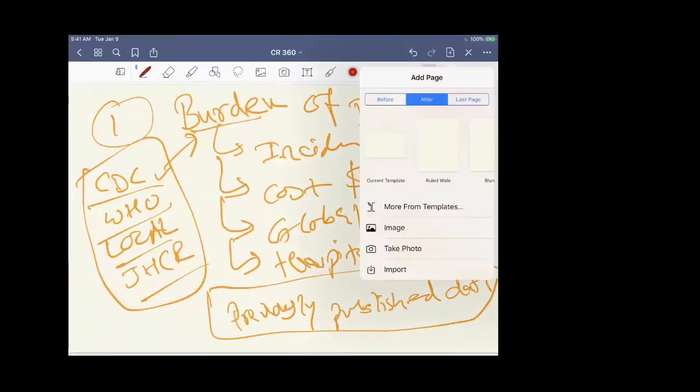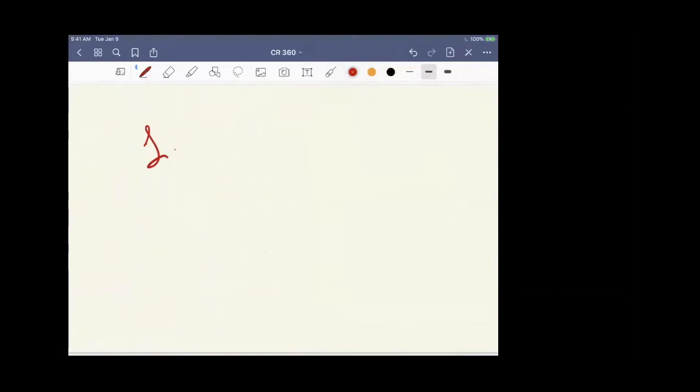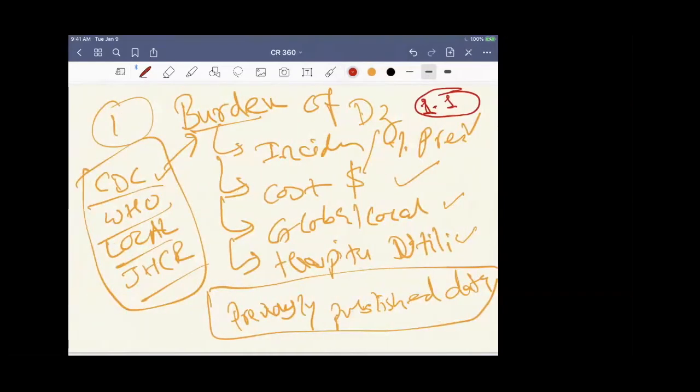Now paragraph number 1 and point number 2: here we cover data from these institutes as well as data from previously published studies.